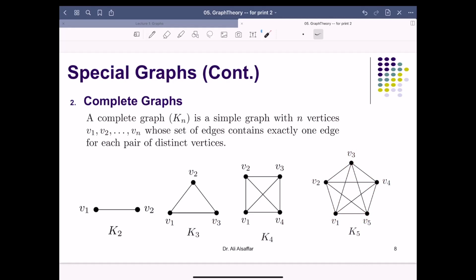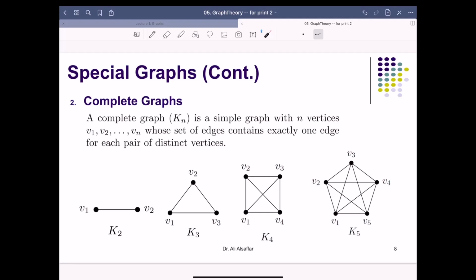Let's go for V1, for example. I need to draw an edge between V1 and all other vertices. So this is an edge, another one, a third one, and a fourth one. And for V2 it is similar, and for V5 similar, and notice that some of the edges are shared between vertices.